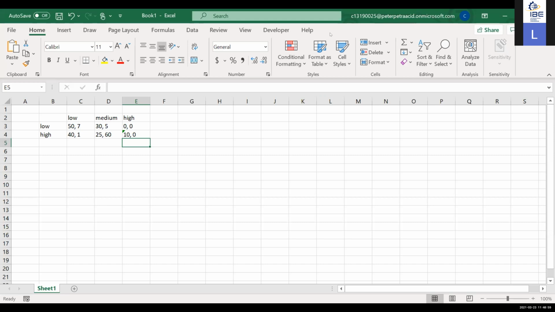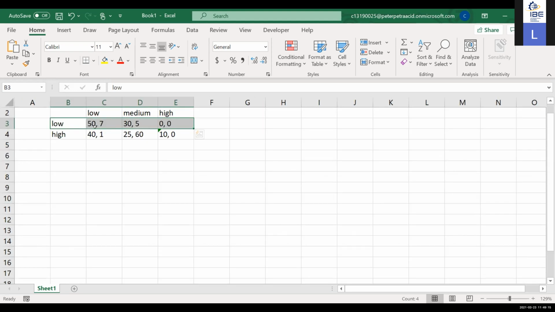Okay, so from this column, we can see the domination is the low one because 50 and 40, 30 and 25, 0 and 10. 50 is larger than 40, 30 is larger than 25, but 0 is not larger than 10.